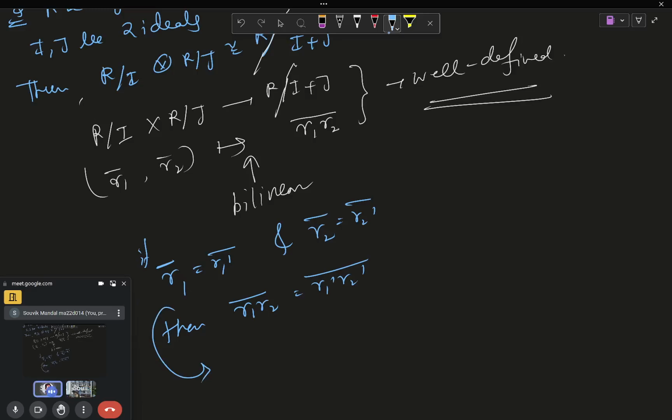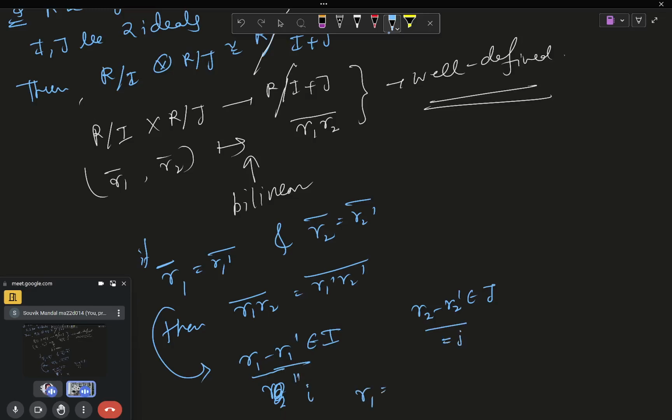R1 minus R1 dash belongs to I, and R2 minus R2 dash belongs to J. They are ideals of R. So call it: R1 minus R1 dash is equal to small i, and R2 minus R2 dash is equal to small j.